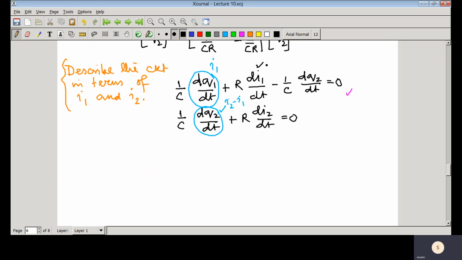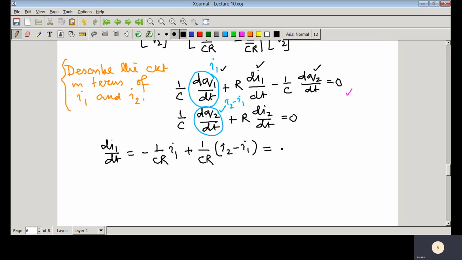We keep the term r di1 by dt on the left, and if we divide these equations by r, then we have di1 by dt equal to minus 1 by cr, the first term, where in place of dq1 by dt I am writing I1, and the second one would be 1 by cr, because you are dividing the whole expression by r. And dq2 by dt, we have seen, is I2 minus I1.